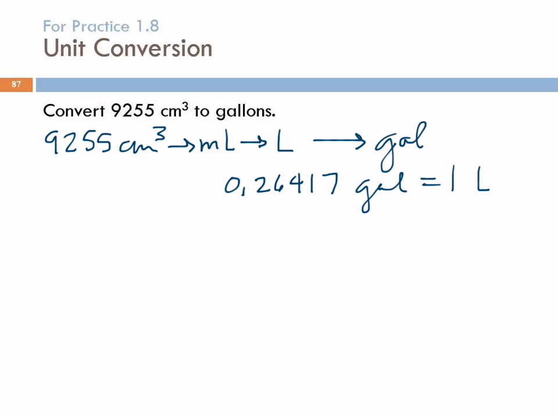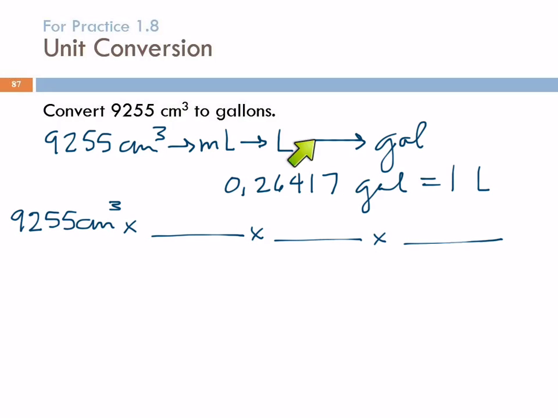So if you're comfortable doing that, you go right ahead. 9255. How many arrows in my path? 3. So I need 3 factors. Cubic centimeters to milliliters to liters to gallons.